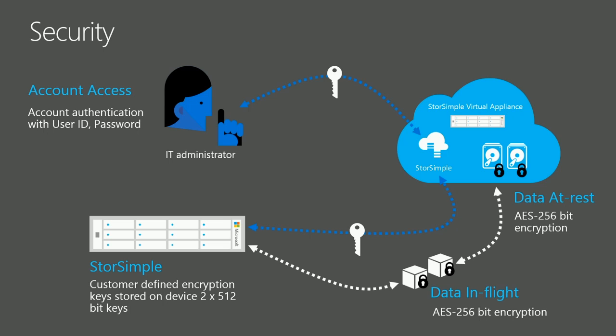Our slides give you the overview, AES 256-bit encryption, and the flow of that. The last part there is account access, and Azure has its own authentication for how access can be done through the portal. That is all in play because the management's all done through the Azure Management Portal.